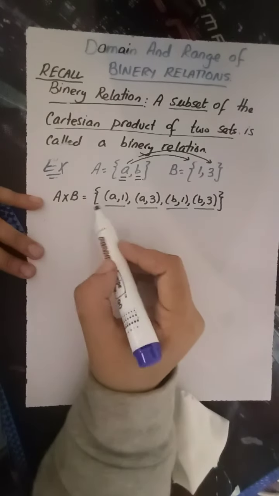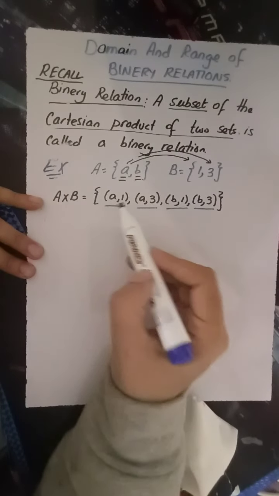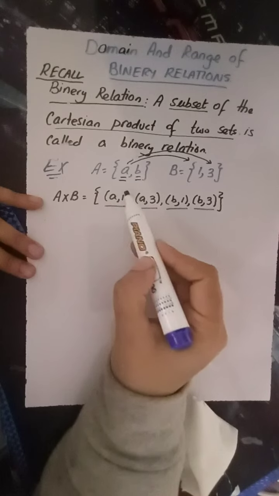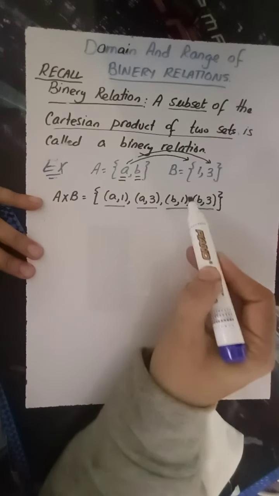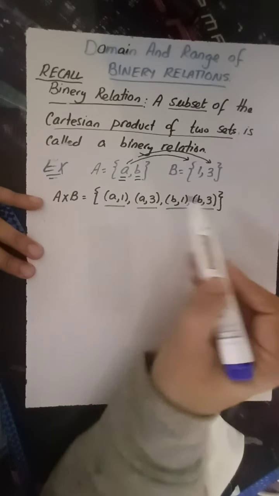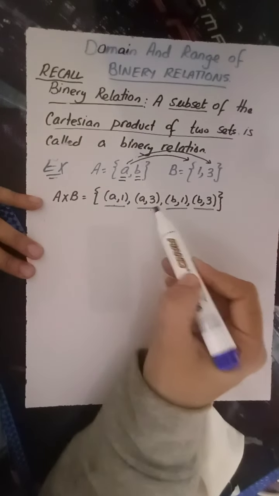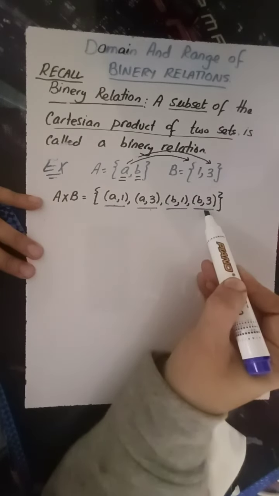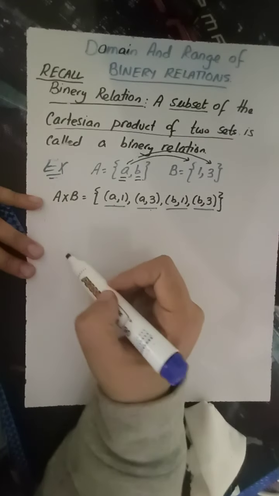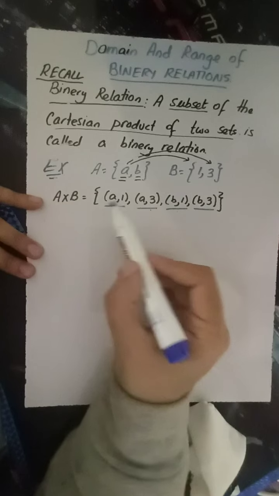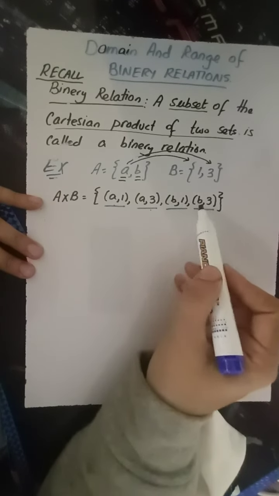A cross B is also a set, but its members are ordered pairs. These are the elements of this set. I'm going to make the subsets of A cross B, and I'm going to use these as elements.